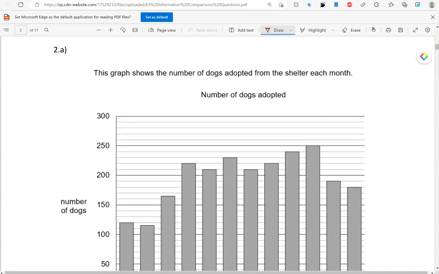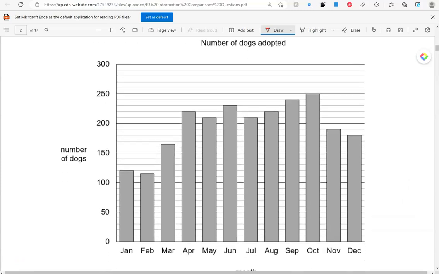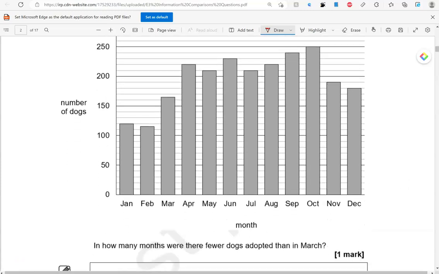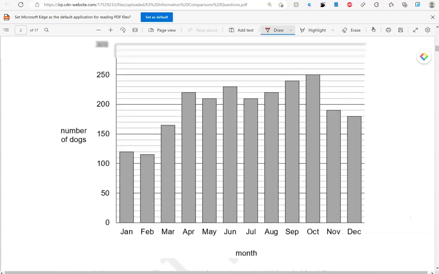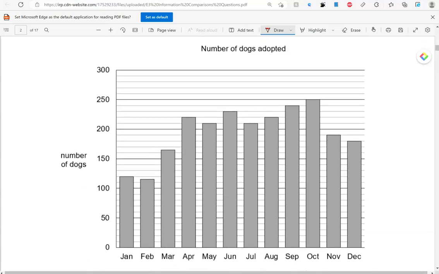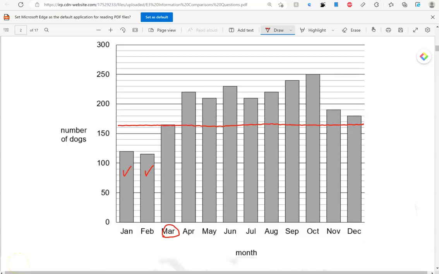This graph shows the number of dogs adopted from the shelter each month. In how many months were there fewer dogs adopted than in March? So where is March? That's this one here. So below that level we have these two, January and February.